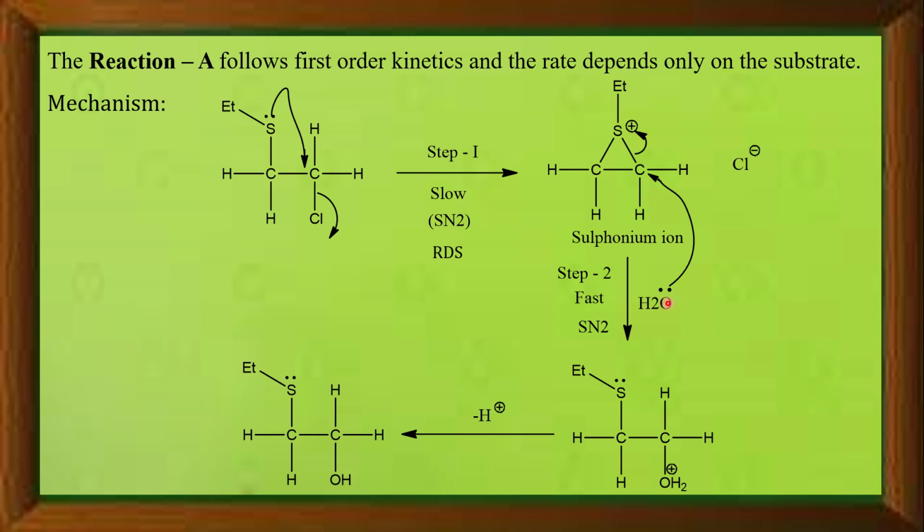So water, the nucleophile, attacks from here and pushes this bond back to sulfur, resulting in the formation of a protonated OH, which after the removal of a proton ends up with an alcohol. So the overall reaction here is chloride has been replaced by hydroxide. A simple nucleophilic substitution, but this reaction is accelerated by the neighboring group participation.